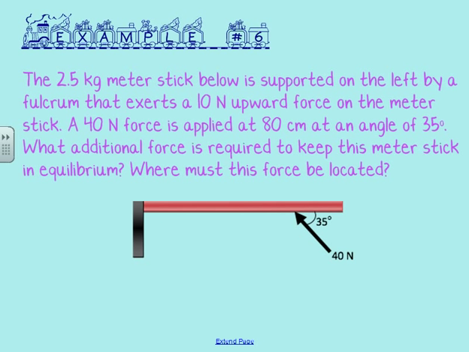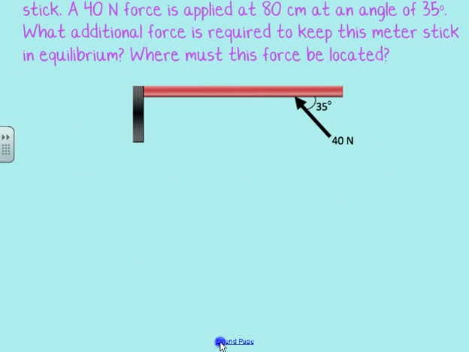We'll start off looking at a net force equation. We know that the net force acting on our object must be equal to 0, and in this case we have three forces acting. We have the force of gravity, the force from the fulcrum, and this applied force.